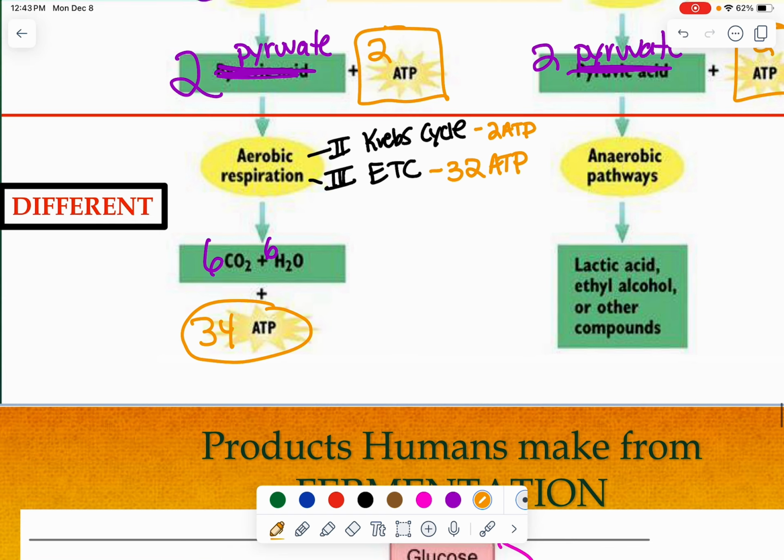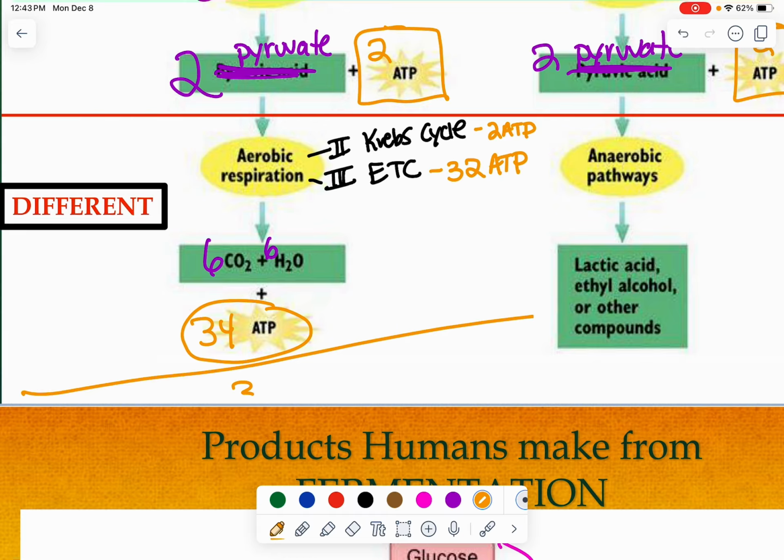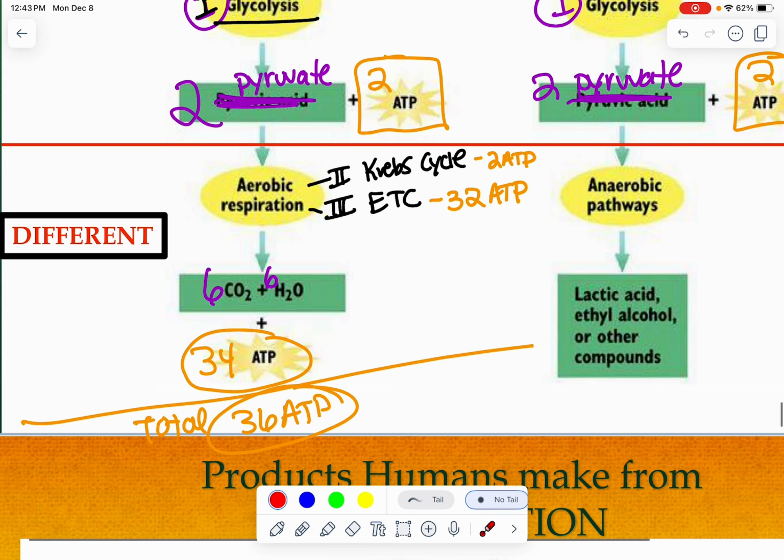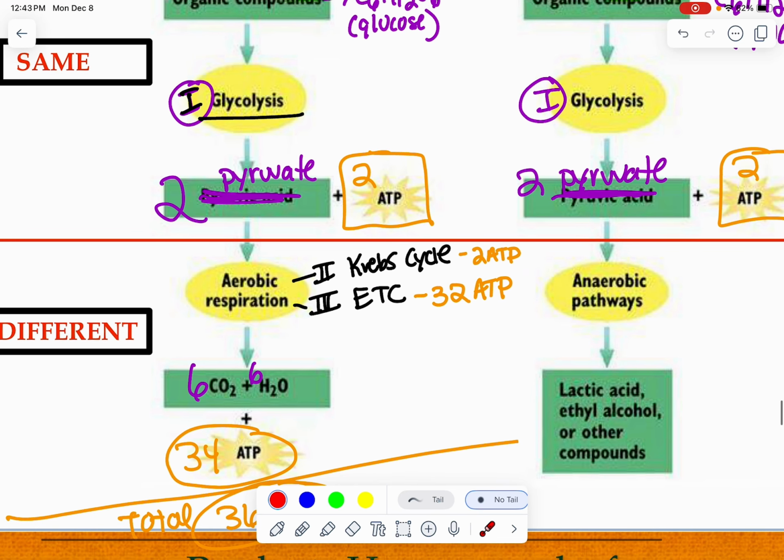So the grand total here is 36 ATPs total from aerobic respiration. So the 34 isn't really a number to memorize. Just memorize that Krebs cycle gives you 2, electron transport chain gives you 32, and glycolysis gives you 2. So we get a total of 36 ATPs from aerobic.